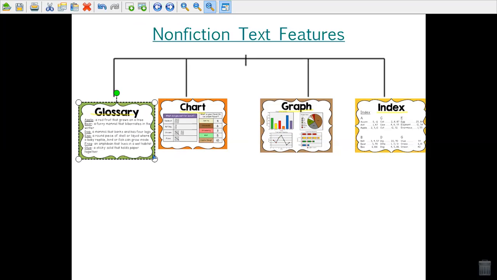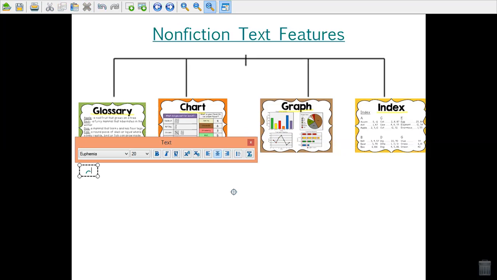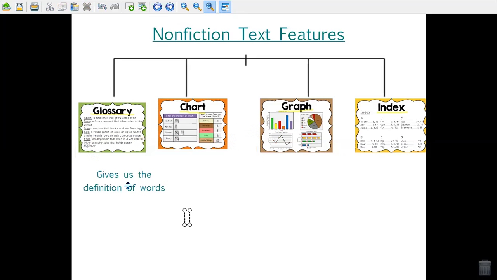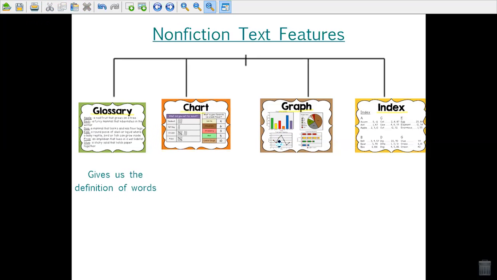So a glossary tells us the definition of words. If you forgot what definition means, it means what a word means. Gives us the definition of words. Don't forget to pause the video anytime you need to write this down, okay?